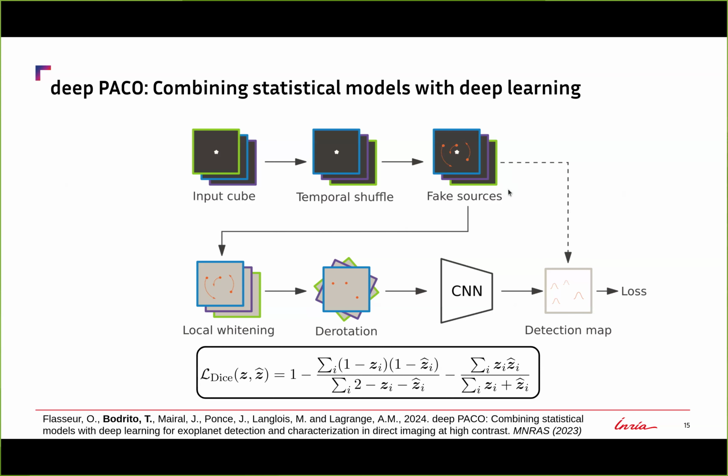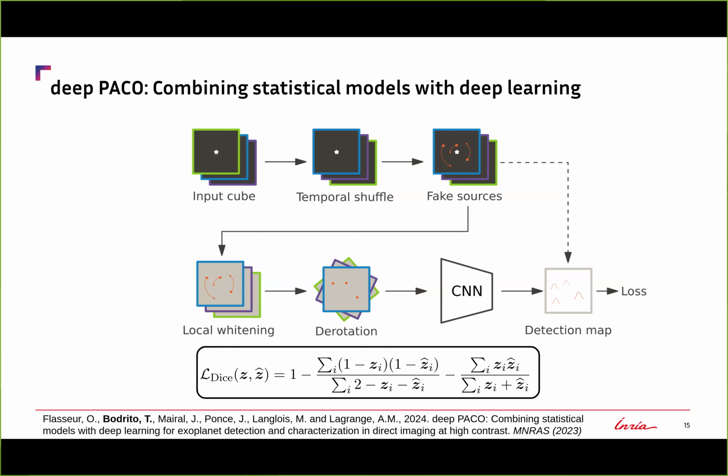What the CNN does is that when there are artifacts that are not captured by the statistical model, they will be seen in the whitened data. There are still some patterns in the whitened data that come from the fact that everything is not captured by the statistical model.